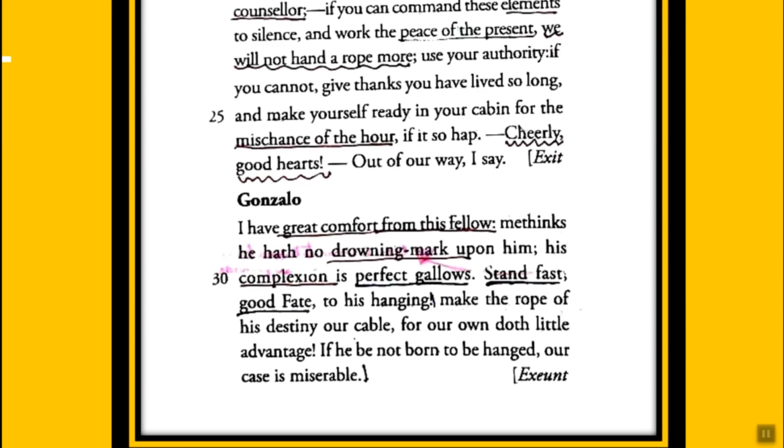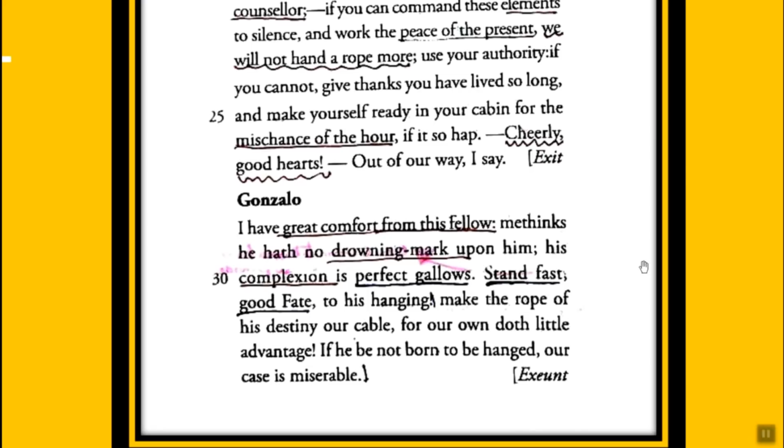So he's requesting fate to stick to it, and he's saying let the rope of his destiny be our cable for our own doth little advantage. For our own advantage. Own advantage means that we will be saved from this shipwreck. We will not get killed.